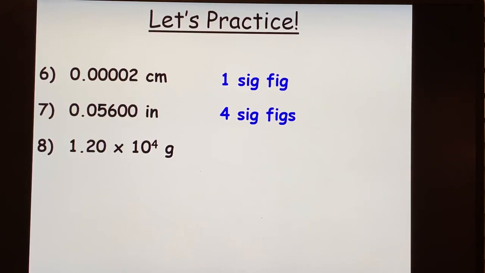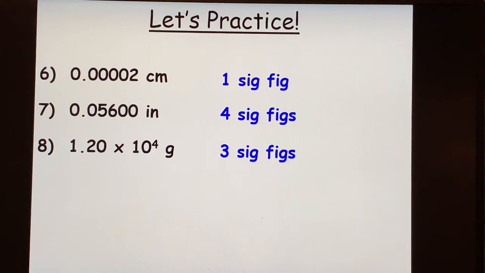1.20 times 10 to the 4th grams. The rule here is the times 10 to the 4th is not significant. The only significant part is the 1.20. And so therefore there are 3 significant figures. How about this one?